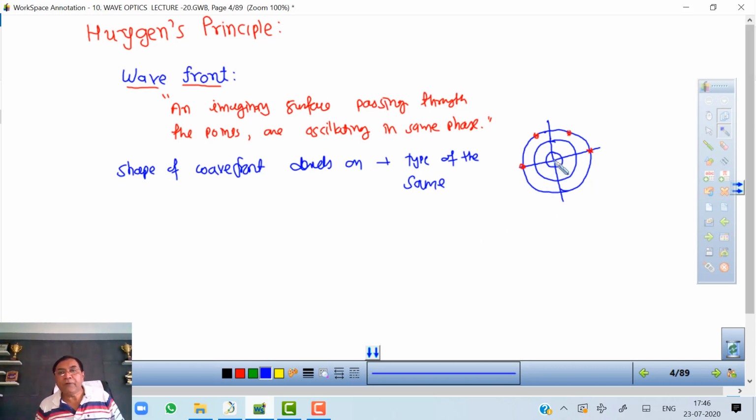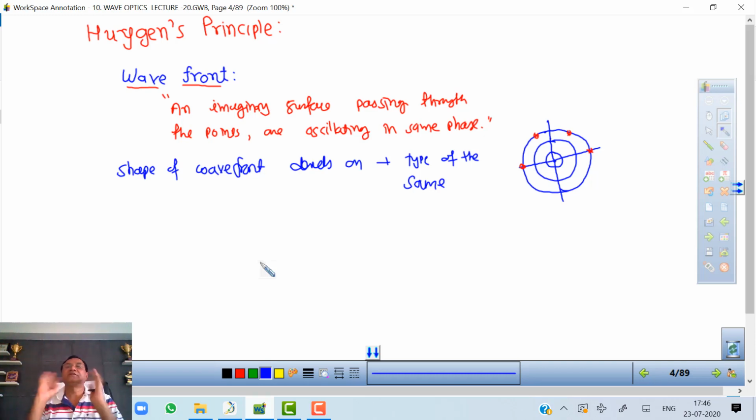But if you go very far from the source, big circle and bigger circle. If you take a small part of that, in two dimensions it is a circle, but in three dimensions, suppose here is the source and it is moving in all directions, then it is spherical. If it is tube-like, suppose I am talking about electromagnetic waves, the waves are like a cylinder.